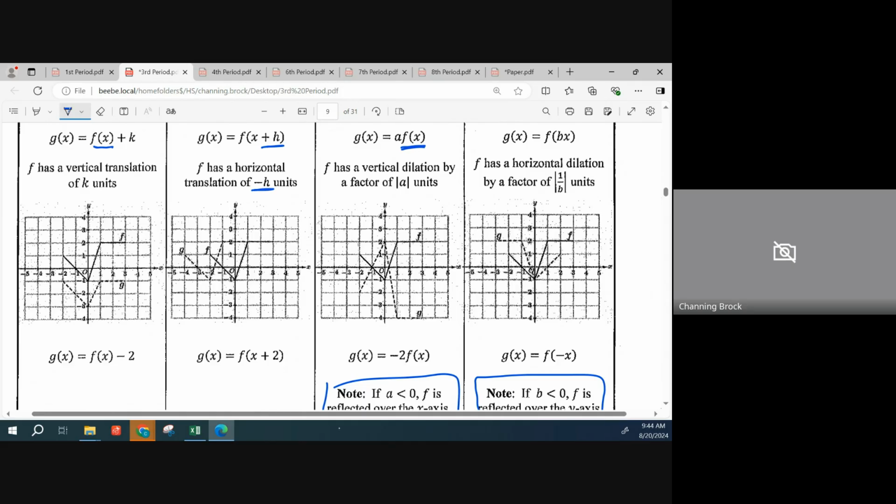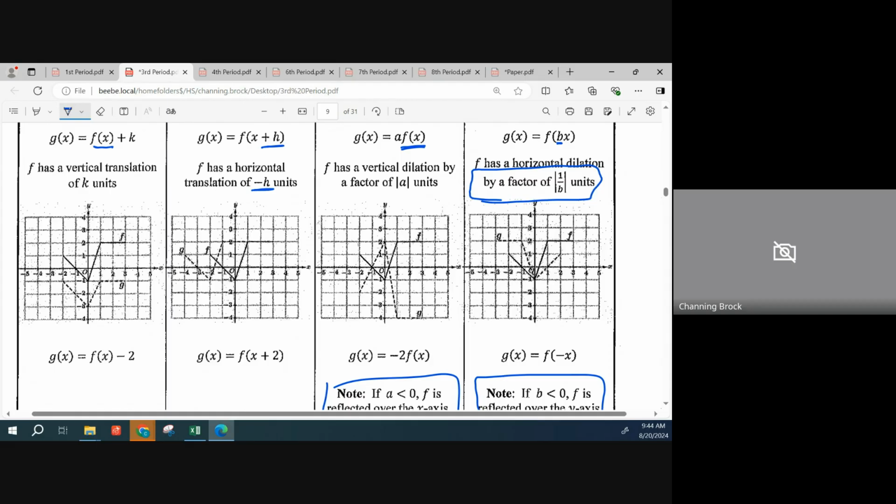Okay, so horizontal dilation. Notice when you're multiplying a number inside of your function, on the inner part of your function, so to the x, what is happening with your factor? What happens? Yeah.